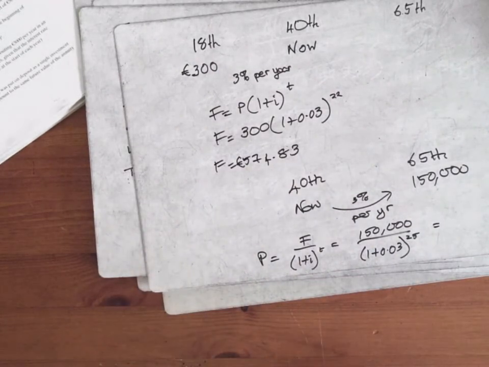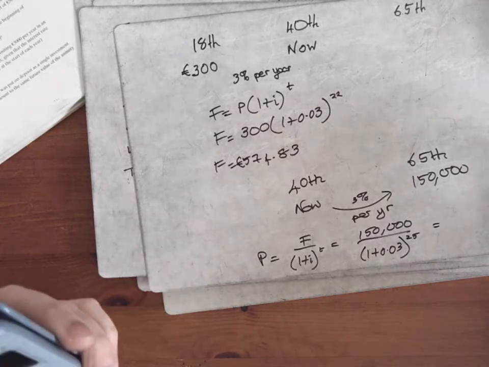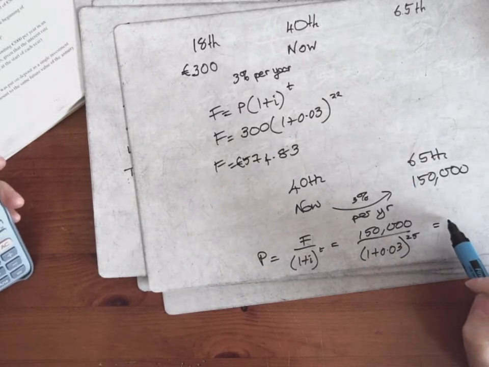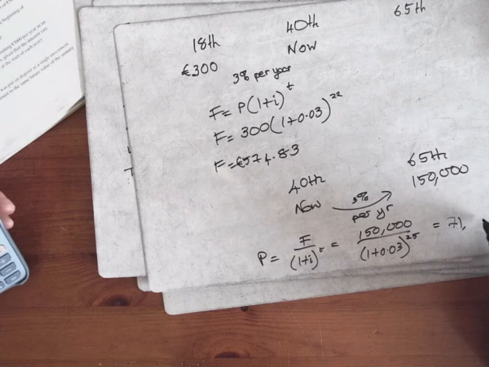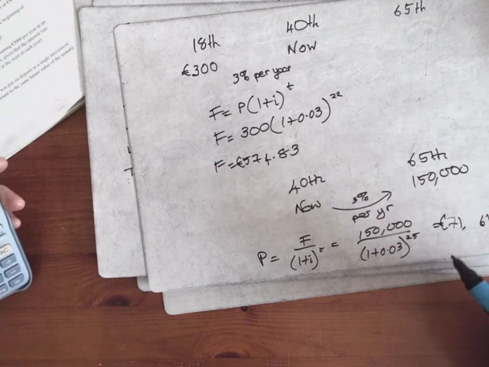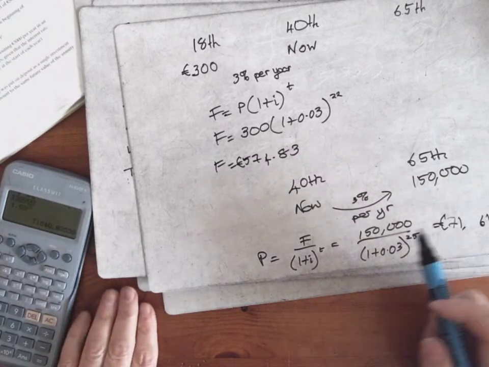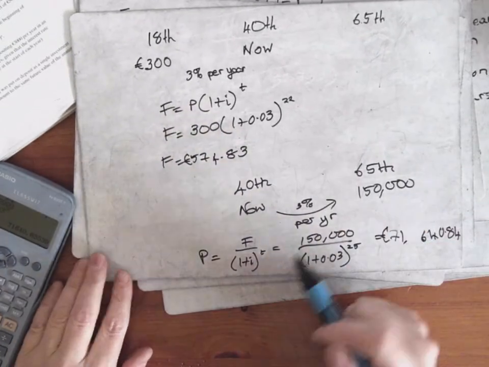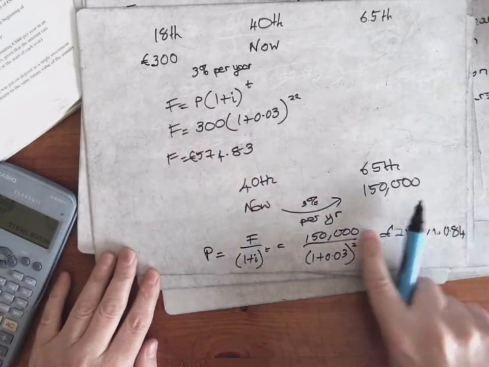This example 2 was way easier than example 1. 150,000 divided by 1.03 to the power of 25 equals 71,640 and 84 cents. Sorry, you can't see that. That's really badly written, sorry.